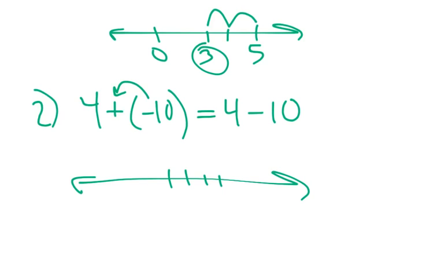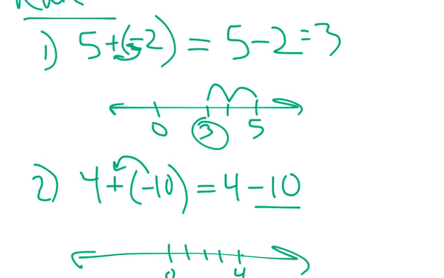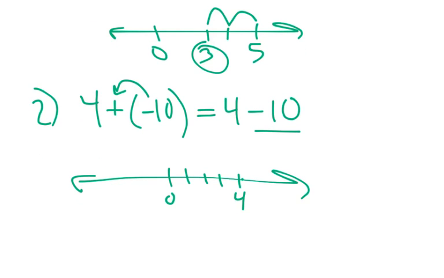So 1, 2, 3, 4. Here's 0, here's 4, and then we're subtracting 10. We just keep on counting down: 1, 2, 3, 4, 5, 6, 7, 8, 9, 10. And then 1, 2, 3, 4, 5, 6. That's negative 6.